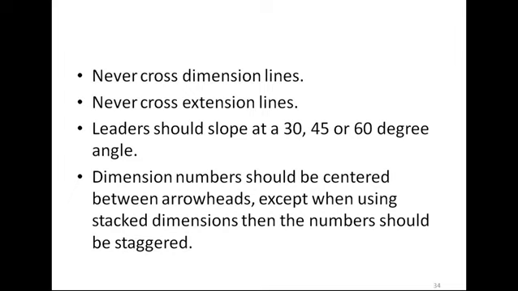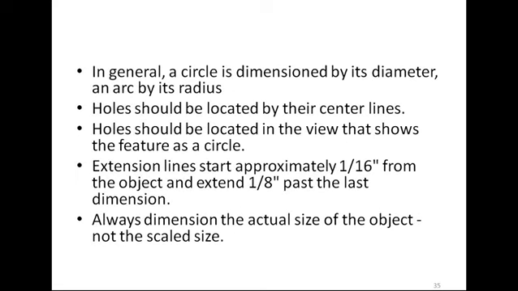Leaders should slope at 30, 45 or 60 degree angles. Dimension numbers should be centered between arrowheads, except when using stacked dimensions, then the numbers should be staggered. In general, a circle is dimensioned by its diameter, an arc by its radius.